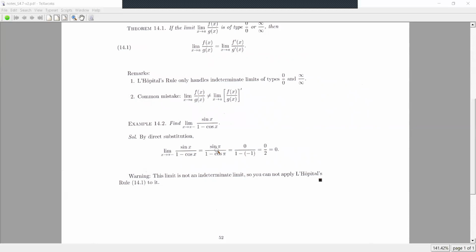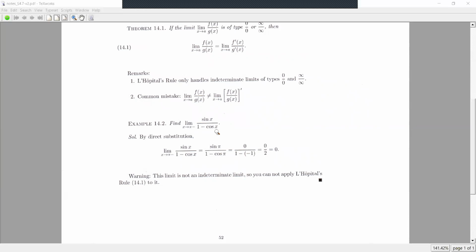Calculator, sine of pi is 0. Cosine of pi is -1. So we get 0 over 2. We can determine it is 0. So this limit is 0.